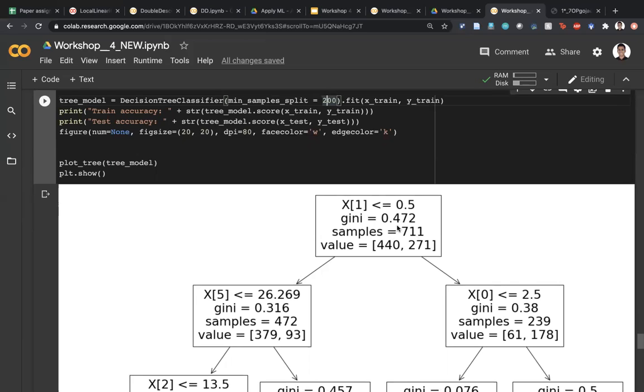And for each question, it calculates the Gini coefficient of each of the 2 nodes it splits into, like 0.316, 0.38. It's going to do that for 5 or 10 more questions. Then it combines the results from the 2 splits and calculates a Gini value again. So for every question, it calculates the Gini values of the 2 nodes, combines those results and sees which one is the best.